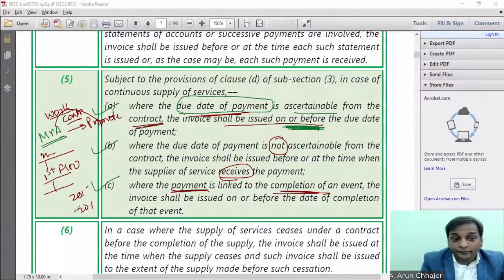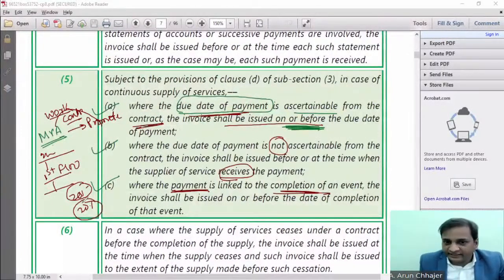Now this payment is linked to the completion of an event. Once the event is completed, then the invoice has to be issued. Now, is it okay? Vedant, Nitin, is it okay now?